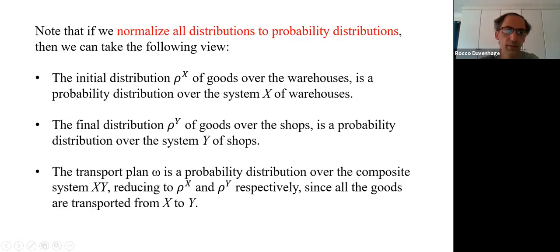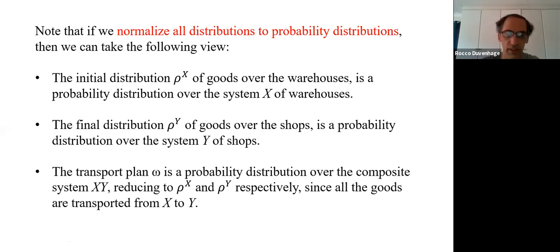Then that transport plan omega itself becomes a probability distribution over the compound system, xy. If you reduce this probability distribution to x and y respectively, you get those distributions, rho X and rho Y respectively, simply because all the goods from the warehouses are transported to the shops.